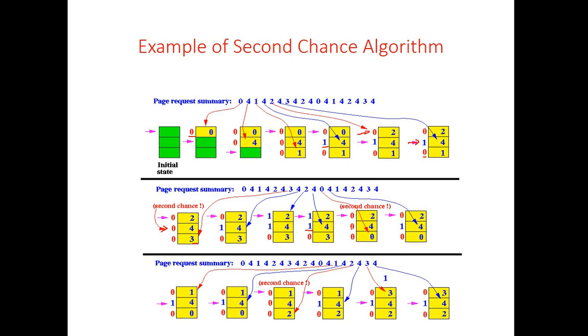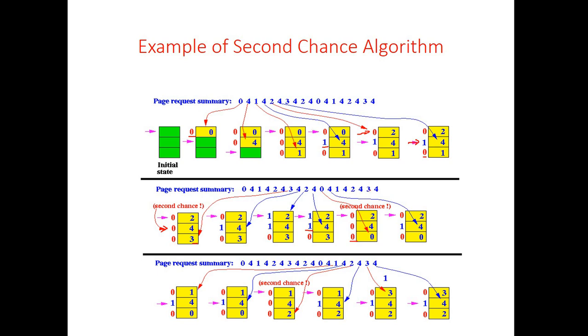And the next page identified is page number 3. Page number 3 reference bit is 0. That indicates that this is the target frame for page replacement. So page number 3 is replaced by page number 0. And when page 0 is brought into the main physical memory, the corresponding reference bit of 0 is marked 0.